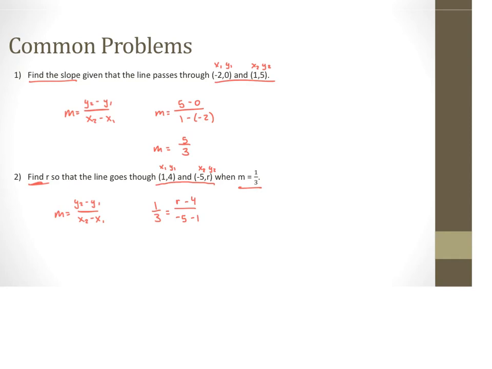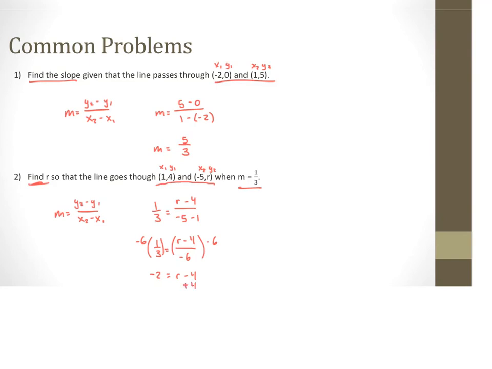Now that we have our equation, we're going to solve for r. So 1/3 is equal to r minus 4 over negative 6. In order to get anything out of the denominator, I need to multiply both sides by the denominator. So times a negative 6, times a negative 6, which gives me a negative 2 is equal to r minus 4.